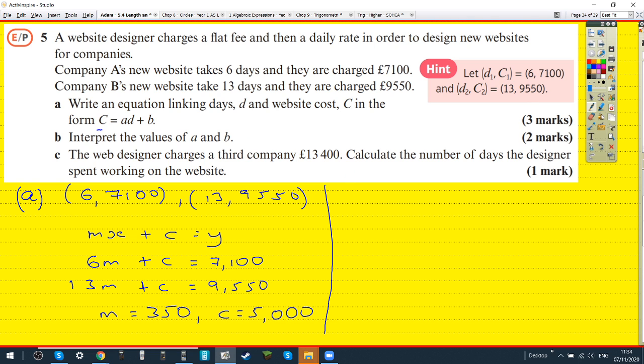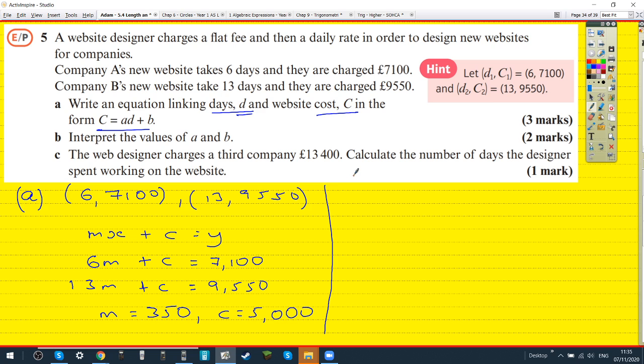And so write it in this form. Do we know what c is though? It's y essentially. They're not using y and x, they're using c and d. But isn't y just 7,100 and 9,550 added together?